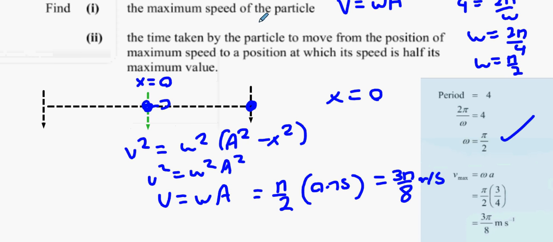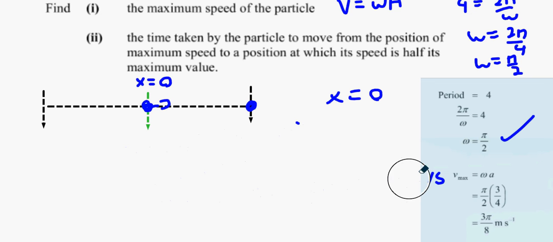Alright. Find the time taken for the particle to move from the position of maximum speed. Well, that's easy. That's the center, isn't it? So it just wants me to move from the center and find the time taken for the particle to move from the position of maximum speed to a position at which its speed is half its maximum value.